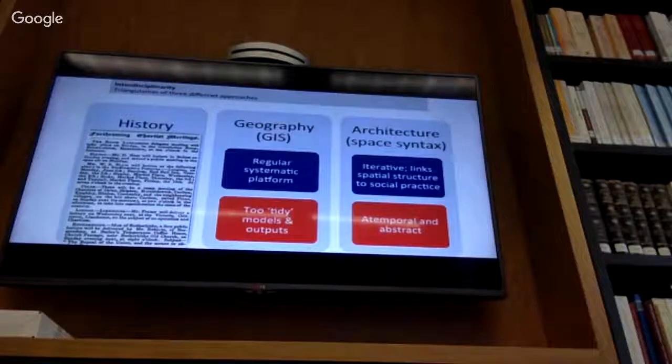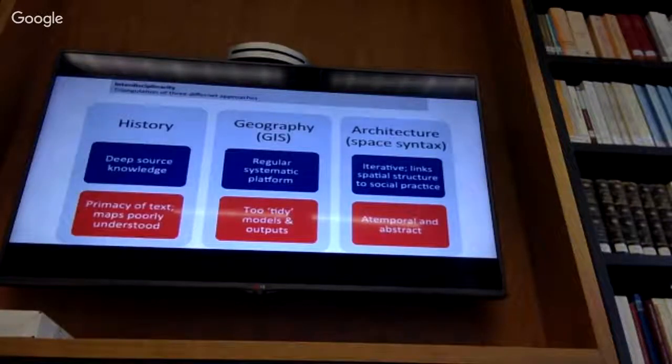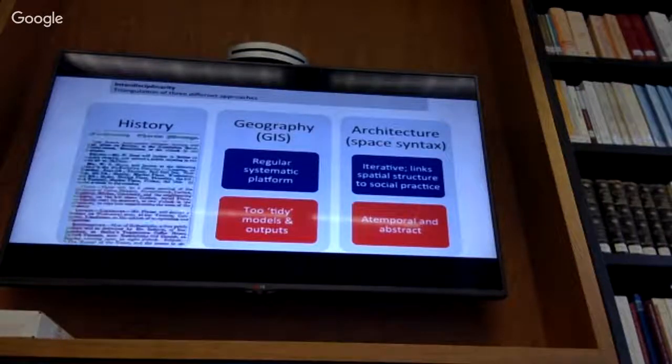Essentially you're still working a lot with textual data, even though we have historic maps. The main contextual methods that historians use are working with text and interpreting text. That's a good thing in terms of the social context, less good if you're trying to plug it into software. So there's some refining that you've got to do there. Historians are not very good at understanding maps, though. We don't do geography.